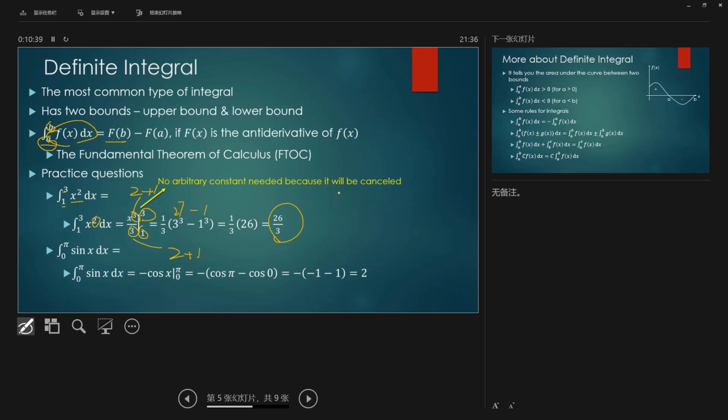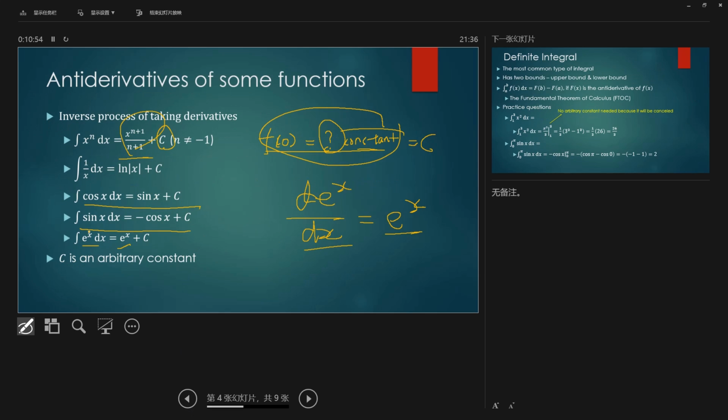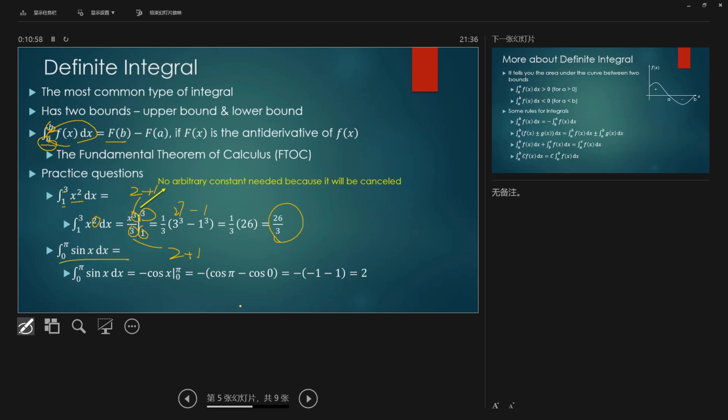Okay, so the next one is a little bit tricky here. I hope you remember that. What is the integral of sine x dx? Right, it is the negative cosine x right here. So please remember this too. Alright, it's pretty important. Okay, so the integral from 0 to pi of sine x dx equals the negative cosine x from 0 to pi.